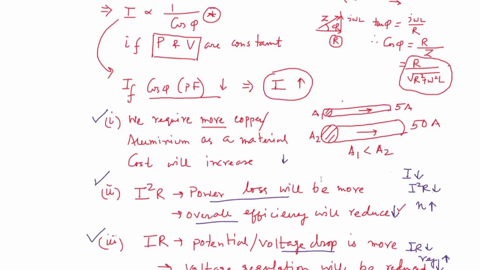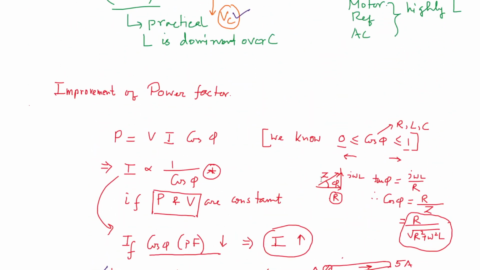So that is why we always make an attempt to improve our power factor. Improving the power factor means bringing the power factor from low value to high value. Low value means near to 0, high value means near to 1.